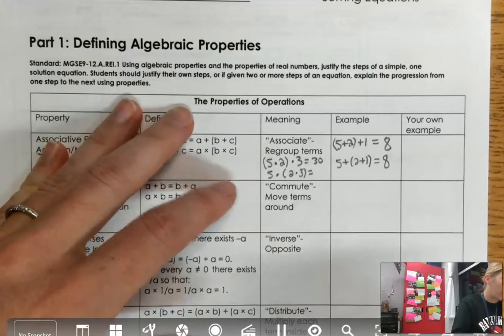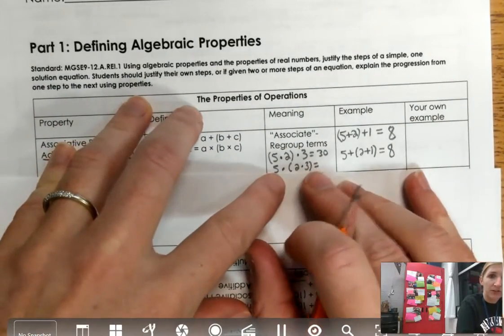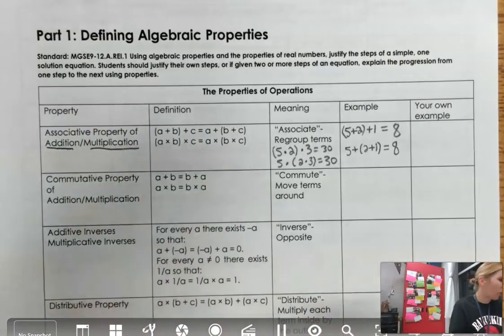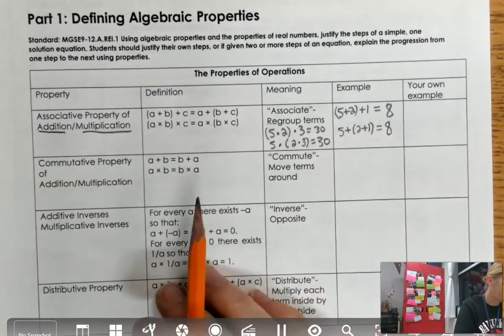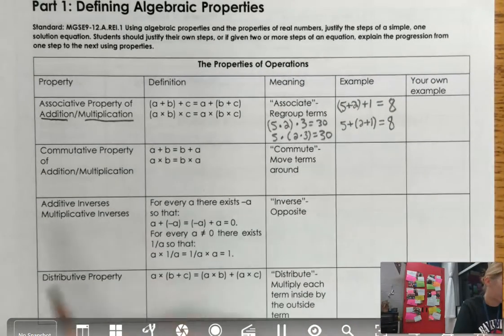Now if we move to the bottom and we do 2 times 3 first, that gives us 6, and 6 times 5 is also 30. So again, we can regroup, order doesn't matter with respect to addition and multiplication. All right, go ahead and come up with your own example, something similar to what we did.